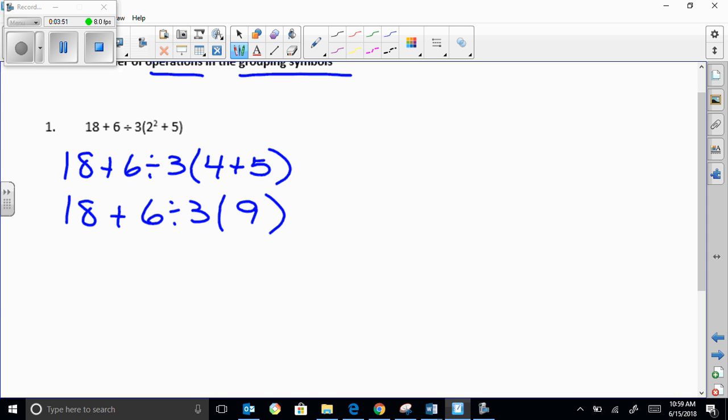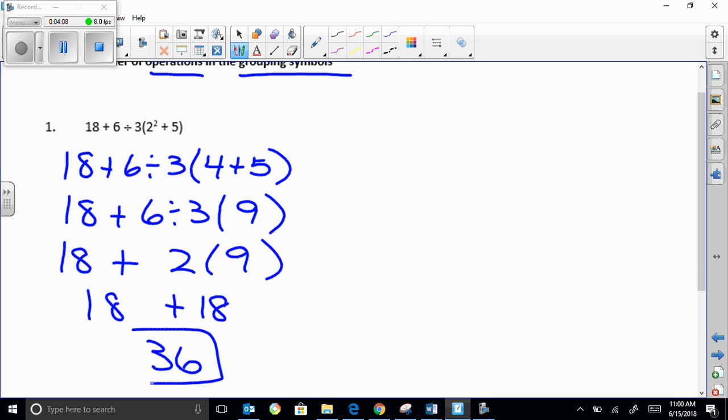No exponents. Multiply and divide from left to right. So 18 plus 6 divided by 3 is 2, times 9, and then 18 plus 18 gives me an answer of 36. Make sure you are following your order of operations.